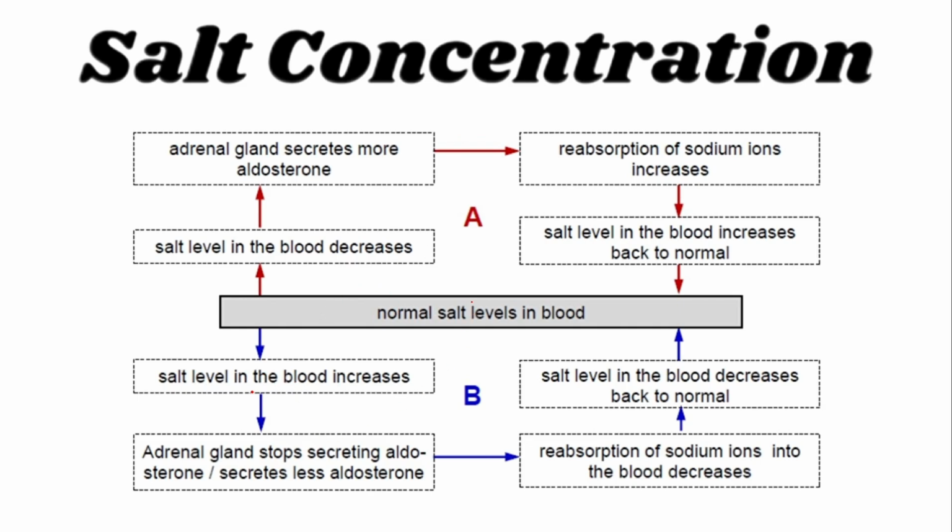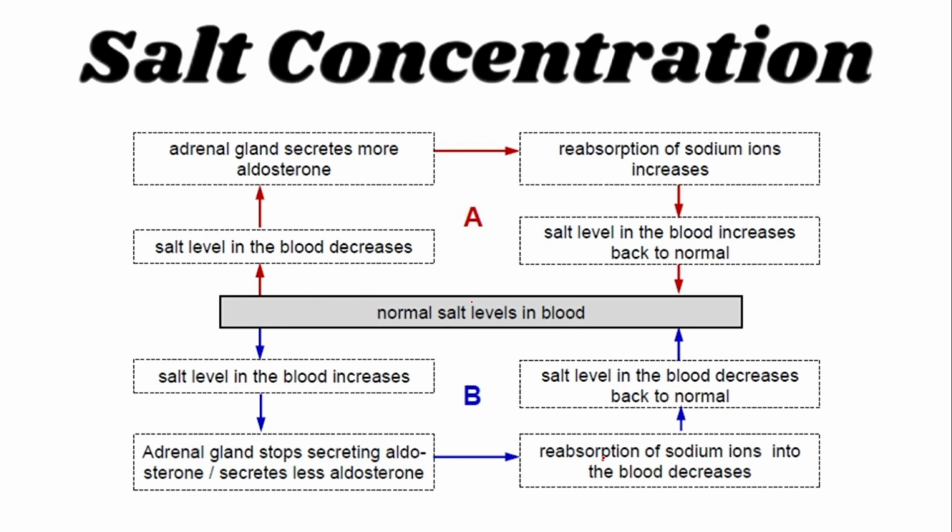So now let's say you eat food that is very high in salt, then it will increase the salt in your blood, and your adrenal gland will stop secreting aldosterone or secrete less aldosterone in order to try and balance it, and then the reabsorption of sodium ions into the blood will decrease.